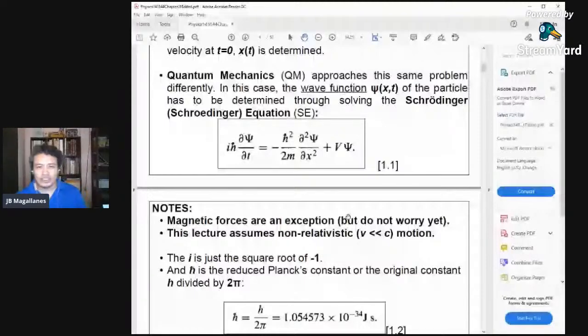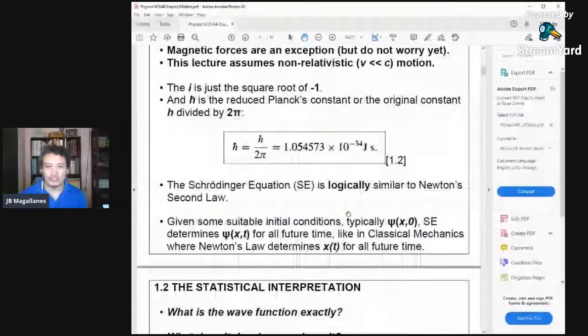The Schrödinger equation is logically similar to Newton's second law because it can define your wave function, and then from that wave function, by having again an initial condition or initial conditions, you will be able to find its wave function at a later time, just like determining the position at a later time in classical mechanics.